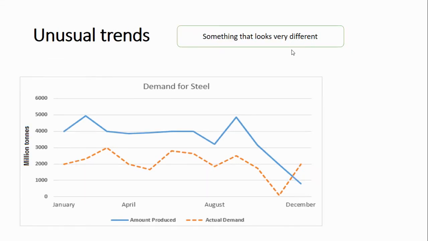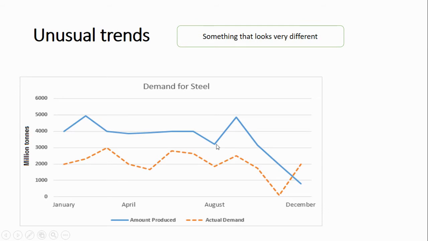When we talk about unusual trends, it's something that looks very different to you. You look at these graphs and you see that in general, the amount of steel produced was between 4,000 and 5,000. It dropped a little bit here, right?